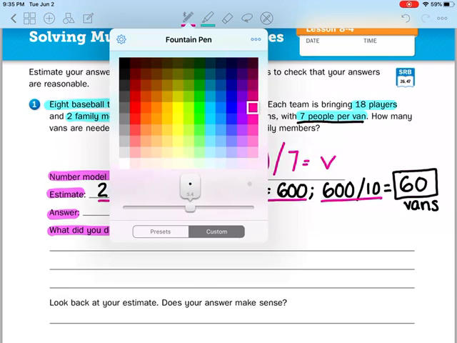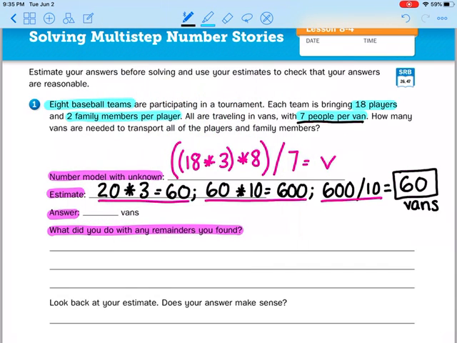So now let's do the math. I'm going to do 18 times 3. And I know that 8 times 3 is 24. 3 times 1 is 3, plus 2 is 5. So 54.